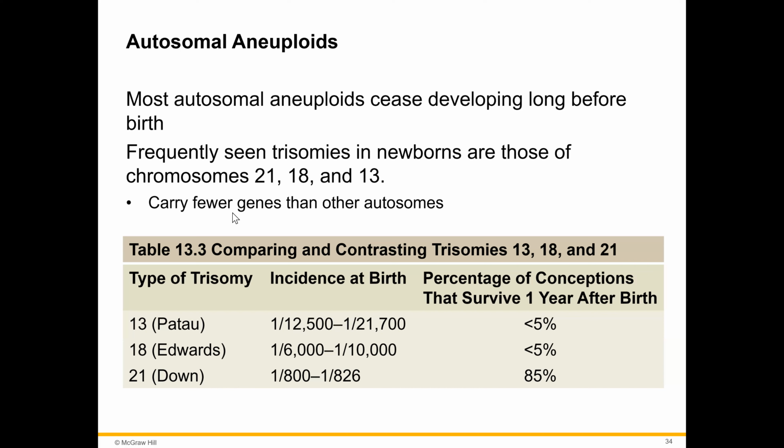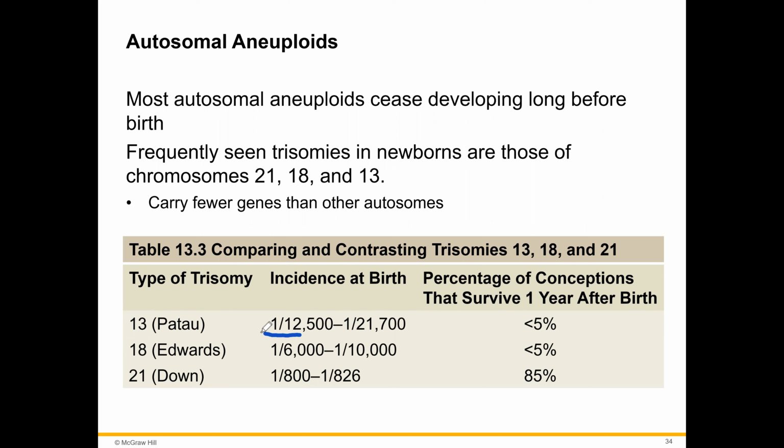These autosomes carry few genes, and that's why the babies survive, right? But look at the percentage of kids that will survive if they have an extra chromosome 21, extra chromosome 18, or extra chromosome 13. Now, if somebody has trisomy 13, it's called Patau disease, or Patau genetic condition.